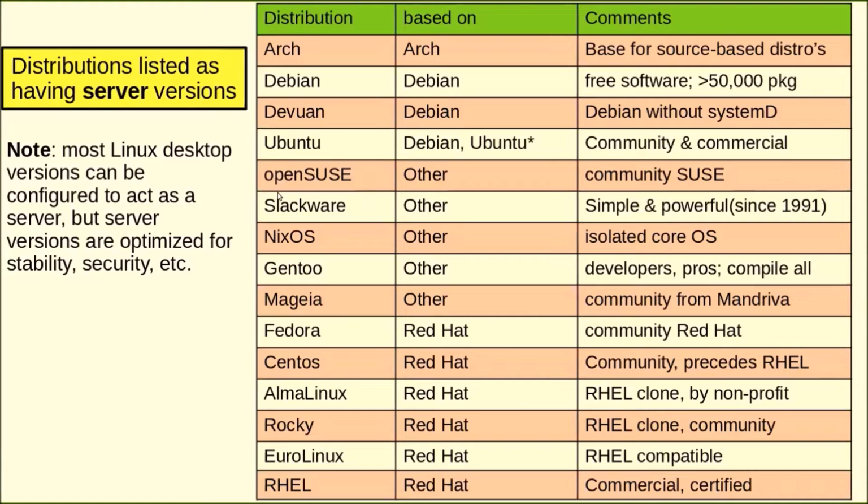And you have Slackware, which is the original, in the original group. You have those that isolate the core for security. And Gentoo. Gentoo is a distribution where you have to compile everything. So it's only for the pros, in my mind. And you go on down, and then all the Red Hats can be server, because they're all trying to look kind of like RHEL, which is a commercial and very well certified for all kinds of government regulations.